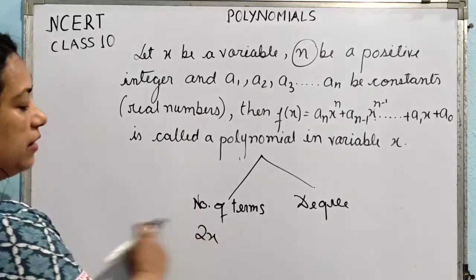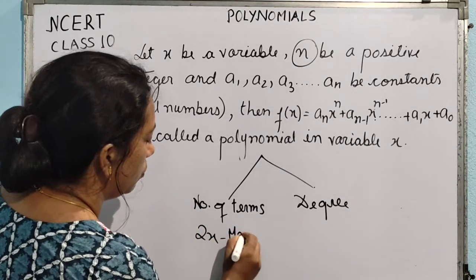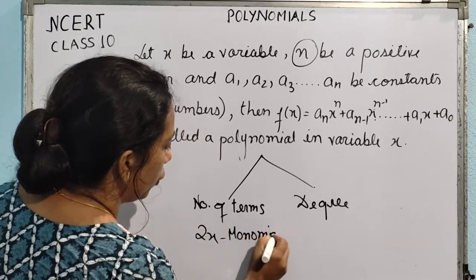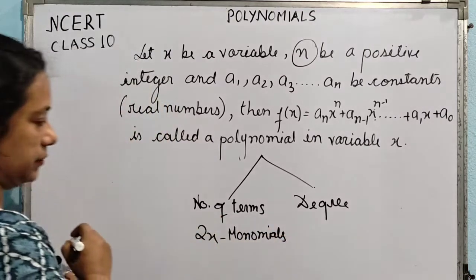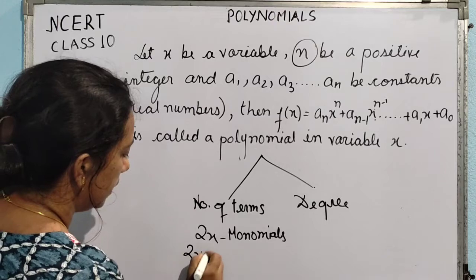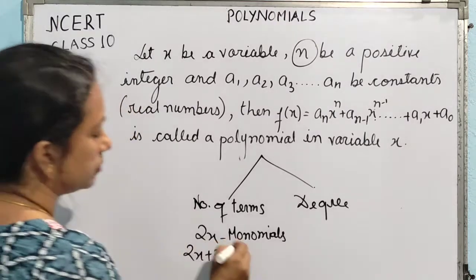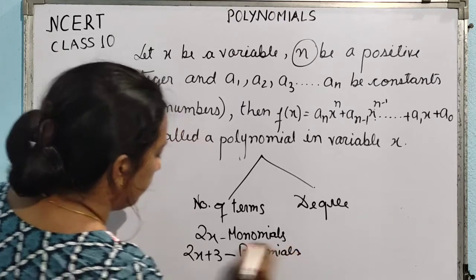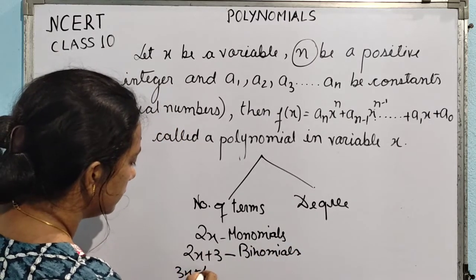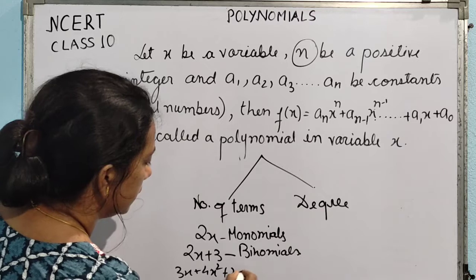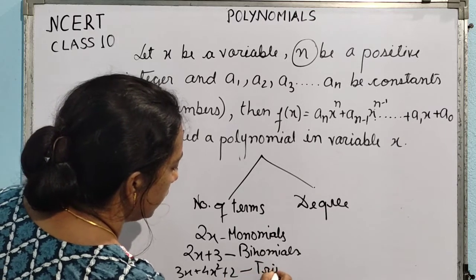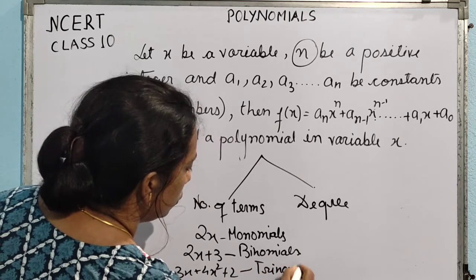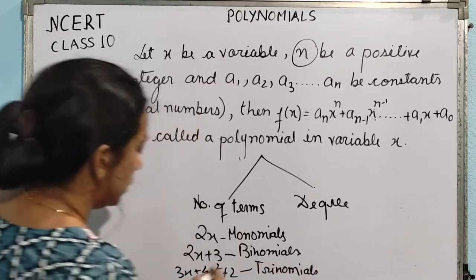This polynomial has only one term, and this type of polynomial is called a monomial. Similarly 2x plus 3 has two terms, so these are called binomials. Having three terms, it will be called a trinomial.